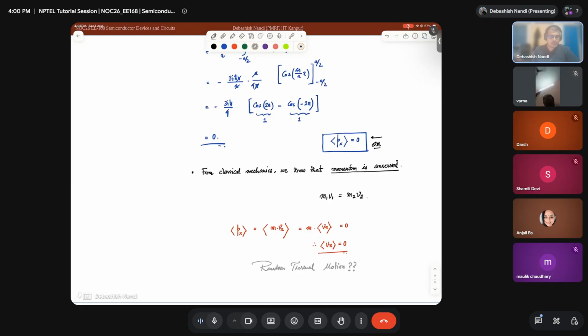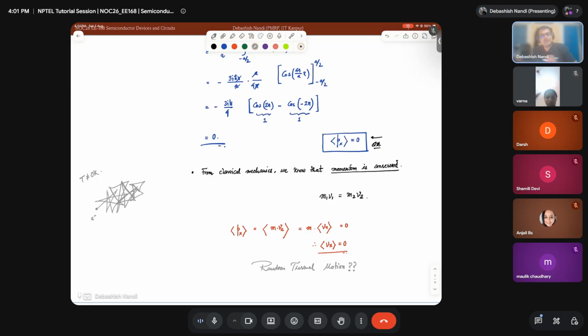You may be wrong, that is completely fine. Random thermal motion means, let's say you are at a non-zero temperature, right? And if you have electrons or free carriers, how will they go about? They just take any random path and move accordingly. We'll see when we discuss mobility what this random thermal motion means.